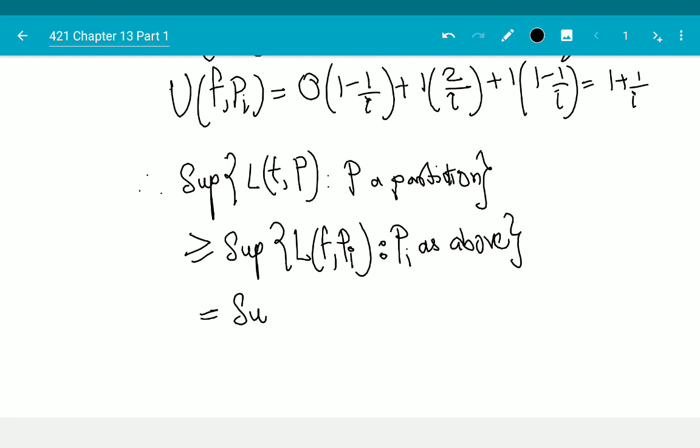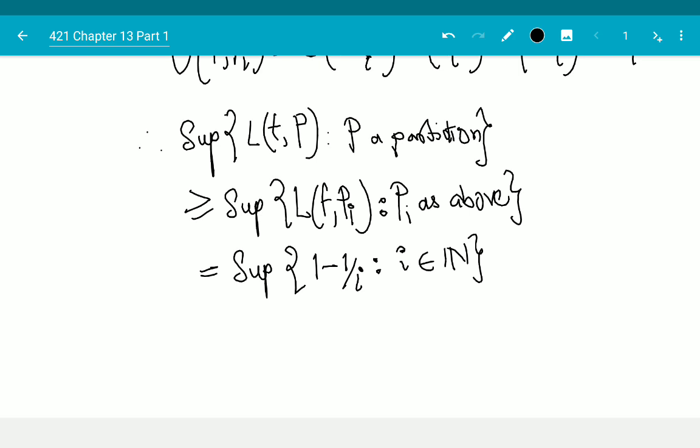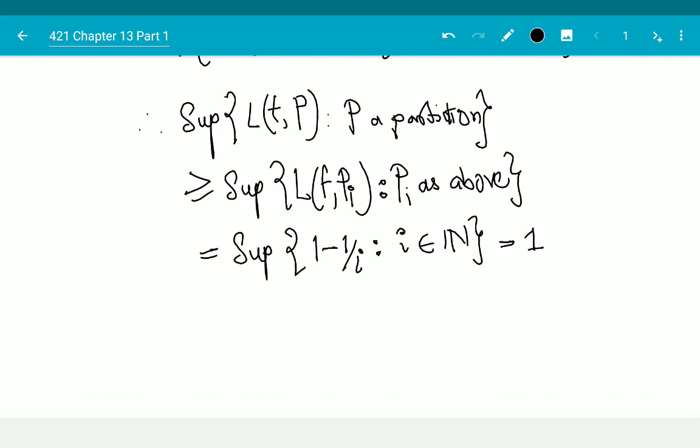Well, which is the supremum of 1 minus 1 over i, i in N, and you should know that this is equal to 1. You should know by now how supremums are calculated, so you should know that this value is equal to 1.